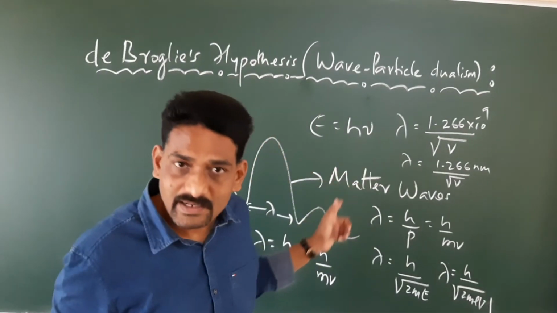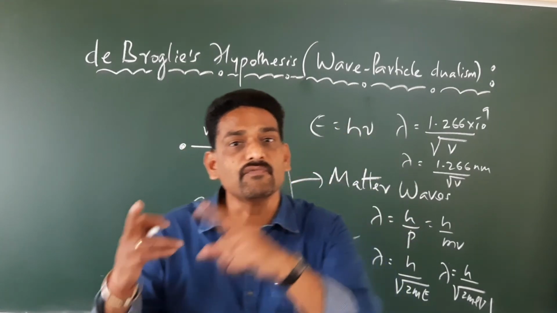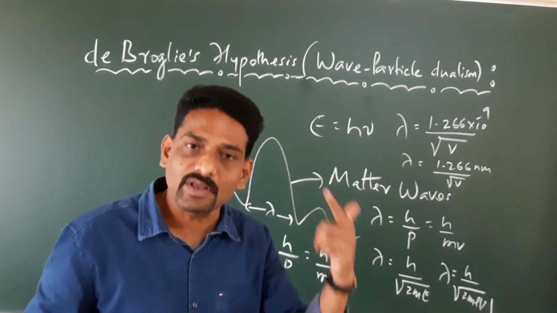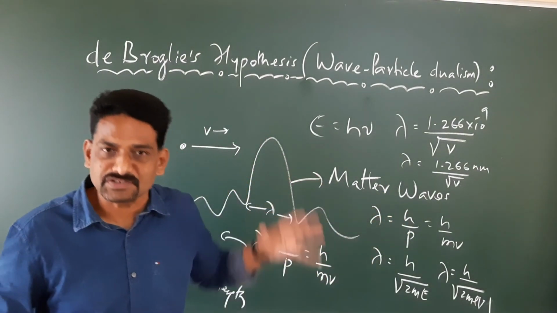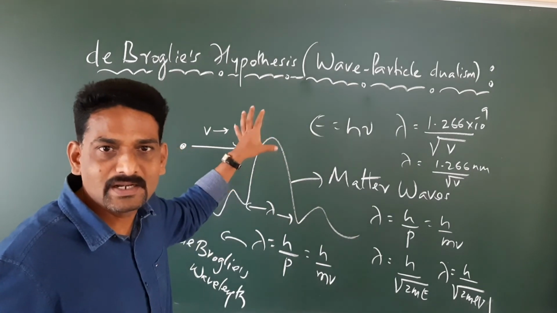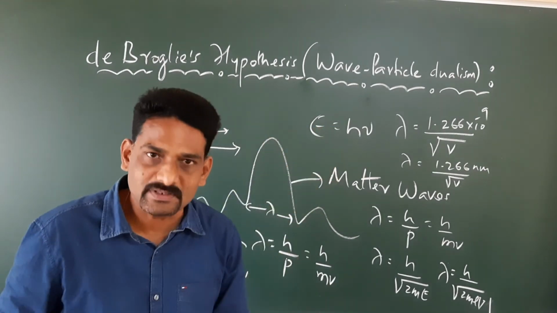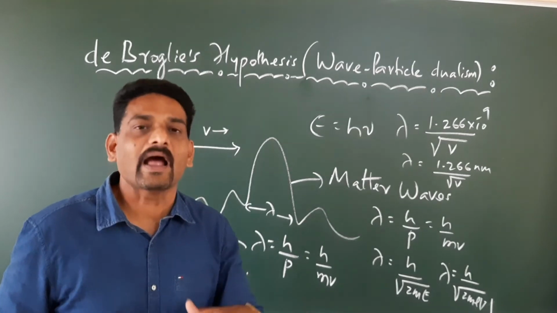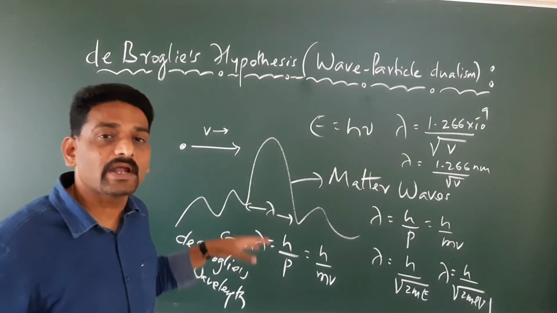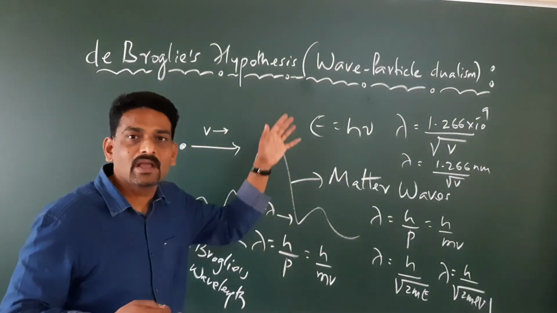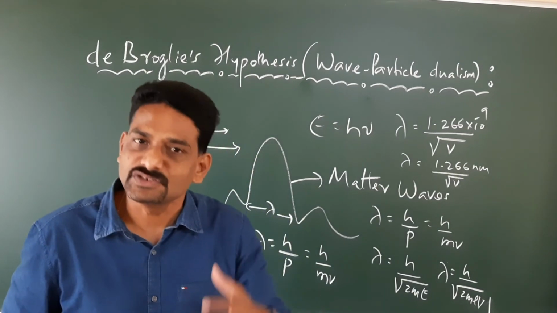But this is entirely a different thing, that is particles exhibiting wave nature and having a corresponding wavelength. So that phenomenon was explained for the first time by a scientist known as de Broglie, what is known as de Broglie's hypothesis. I think we'll stop at this point in this class, and in the next class we will try to verify the de Broglie hypothesis by an experiment, what is known as the Davisson-Germer experiment.